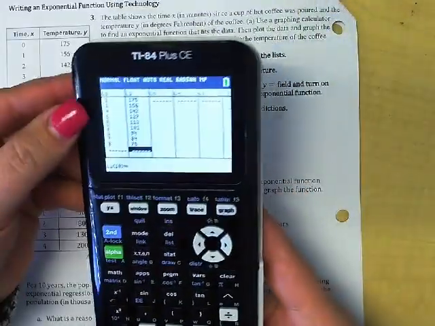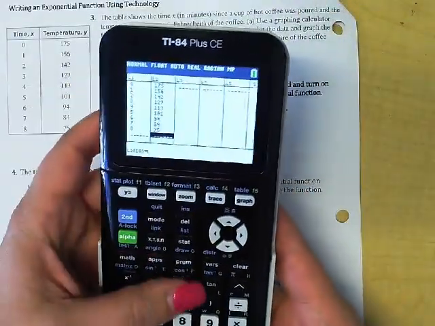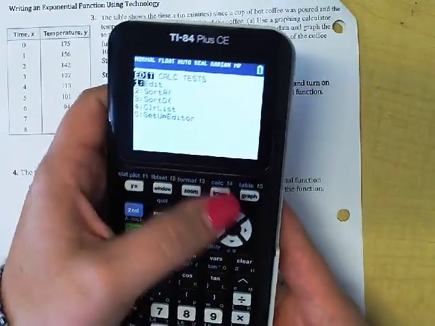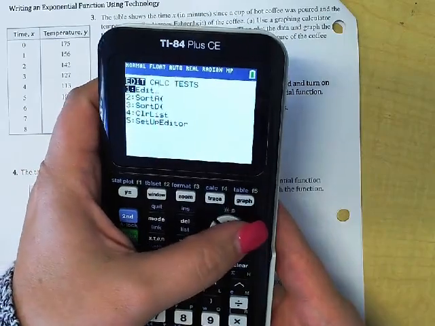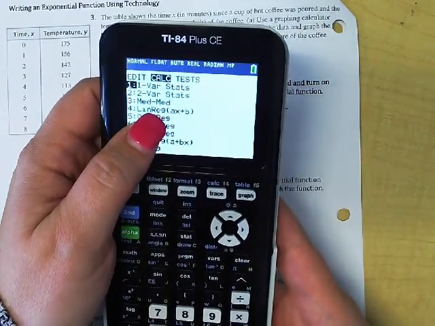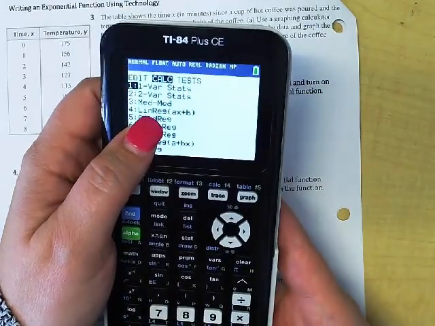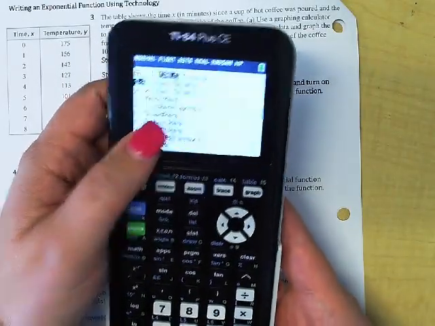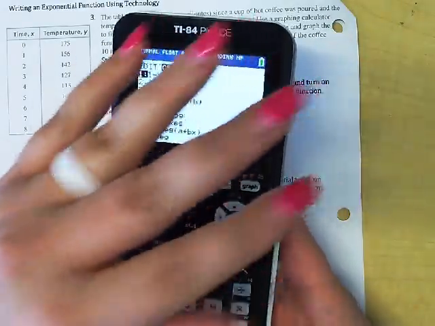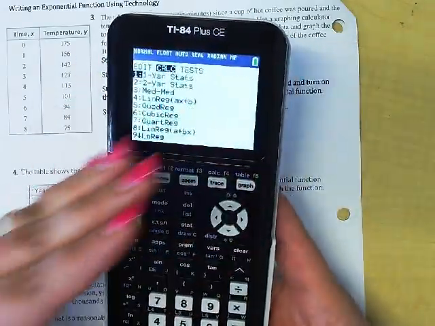So the only difference is once our data is in here and we go back into stat, and like before, we're going to want to calculate. Our data is already in there now. We don't need to edit anymore. We're going to calculate. Before, we were going right to that number 4 because we were really thinking, oh, our data is probably going to be linear in nature. Those scatter plots had that straight line type of pattern, even if it was kind of scattered.